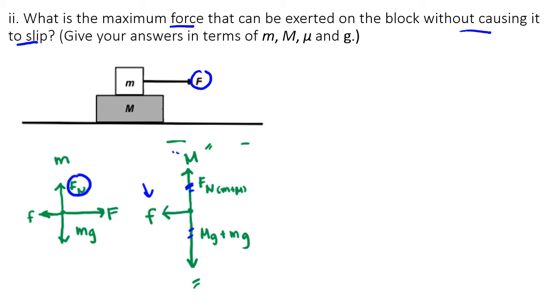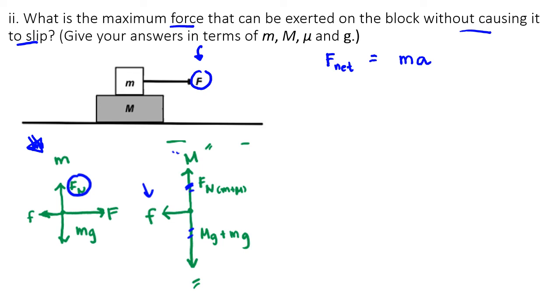Okay. So we are now going to look at the free body diagram of the smaller block, because this is where we could find the applied force. So let's start with F net. So that's F net is equal to m, that's the smaller block, multiplied by the acceleration.